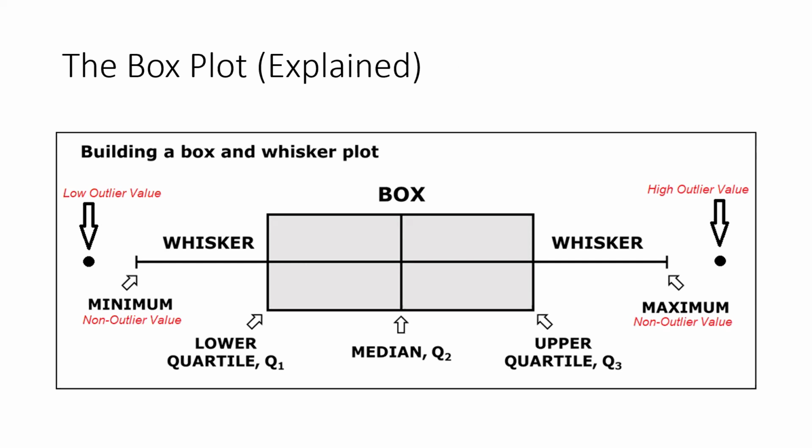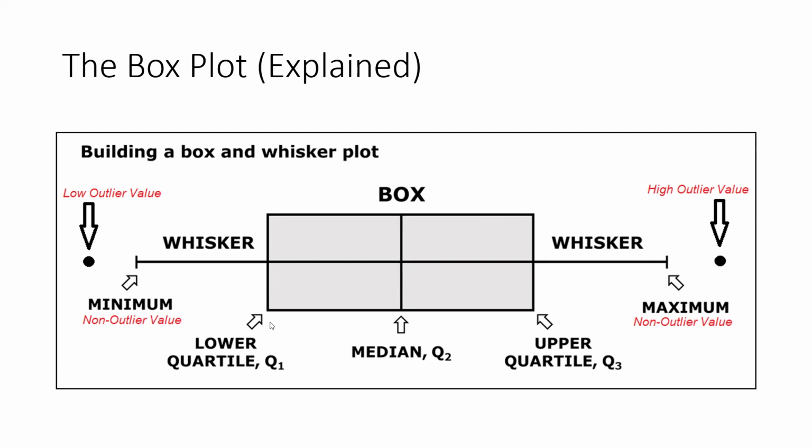So if we see a box plot, the middle slash that is vertically displayed, that is the median of our data. So that would be the second quartile, or the median of our data observations.